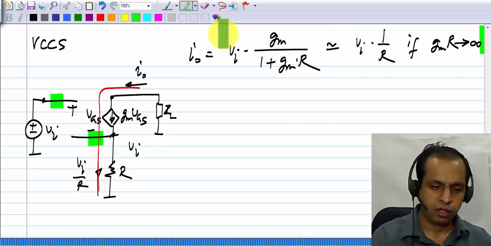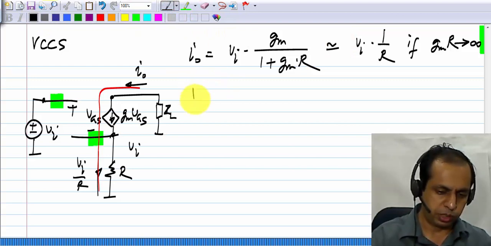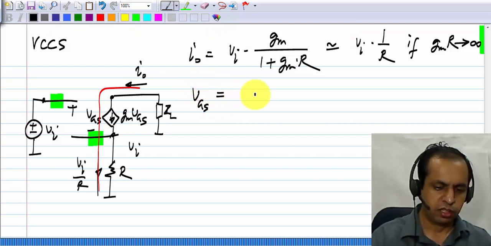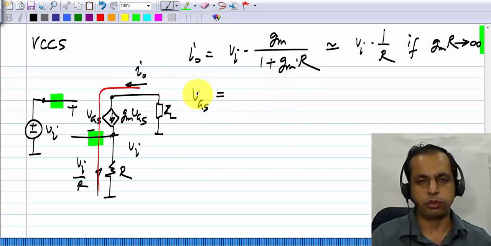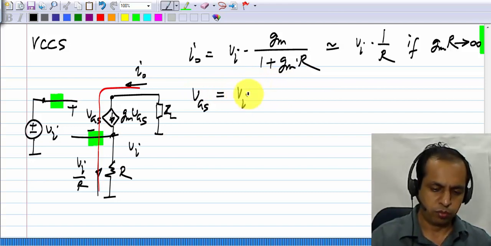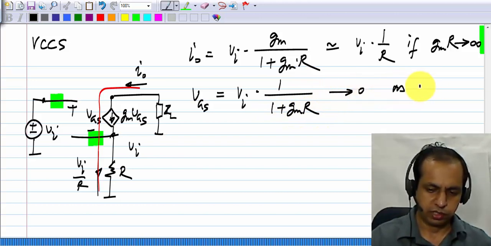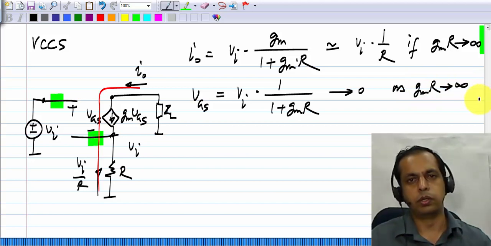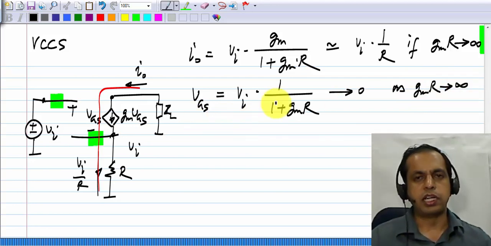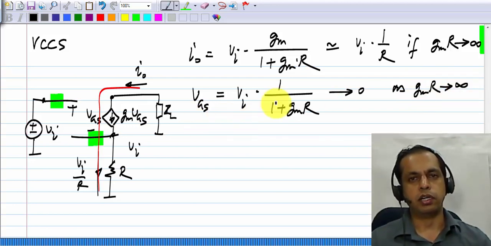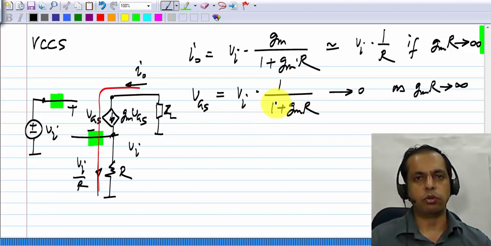Just for completeness, let me put down the expression for VGS. In this case, you can work out that it turns out to be Vi times 1 by 1 plus gmR, which goes to 0 as gmR tends to infinity. Exactly the same happens in a current controlled current source as well as a current controlled voltage source.